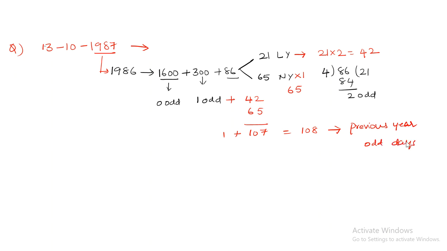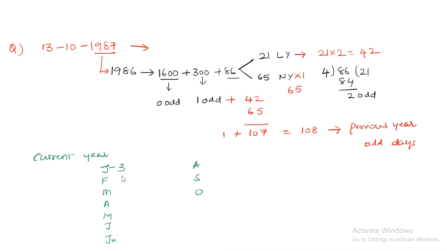Now the current year. Current year means, see here, 87 up to the 13th. So we'll take January, February, March, April, May, June, July, August, September, October.